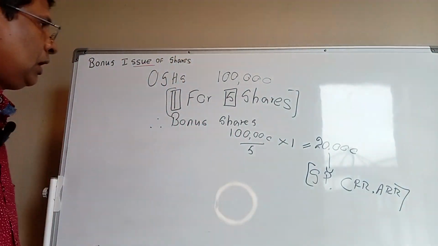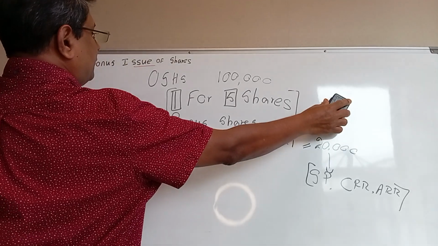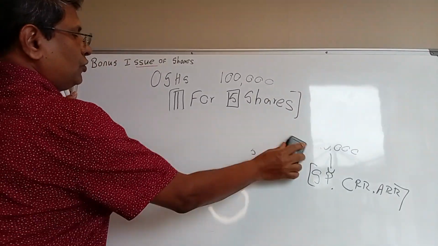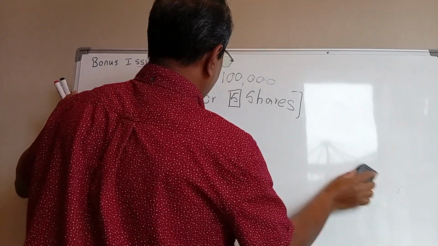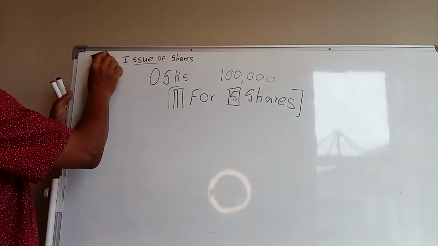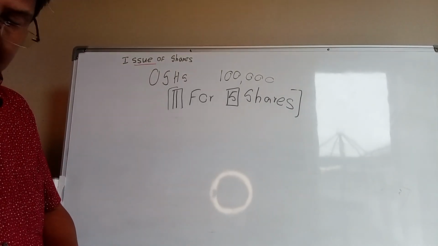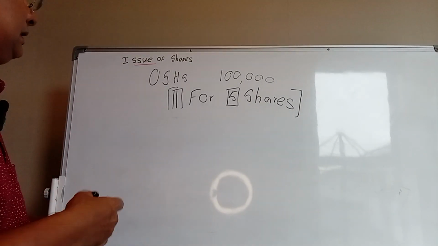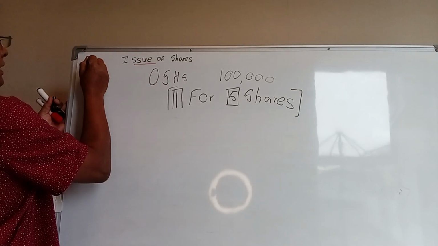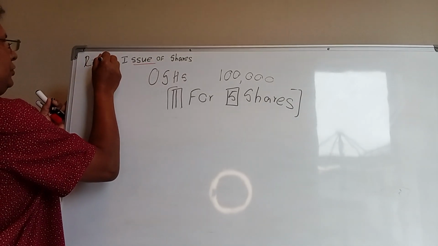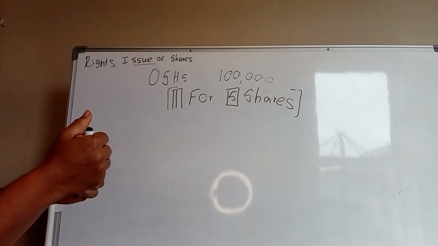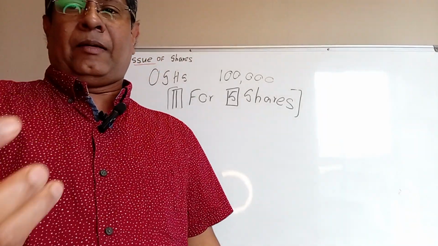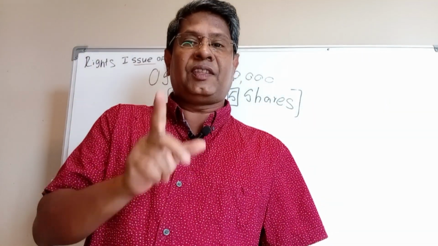What's a rights issue then? If a bonus issue is free shares, a rights issue is a little bit different than that. A rights issue is when a company issues shares again to existing shareholders.